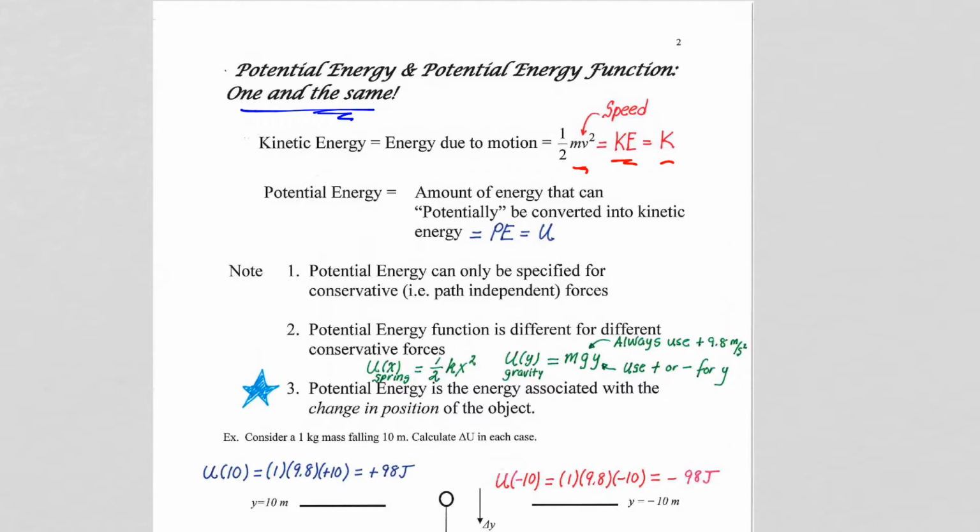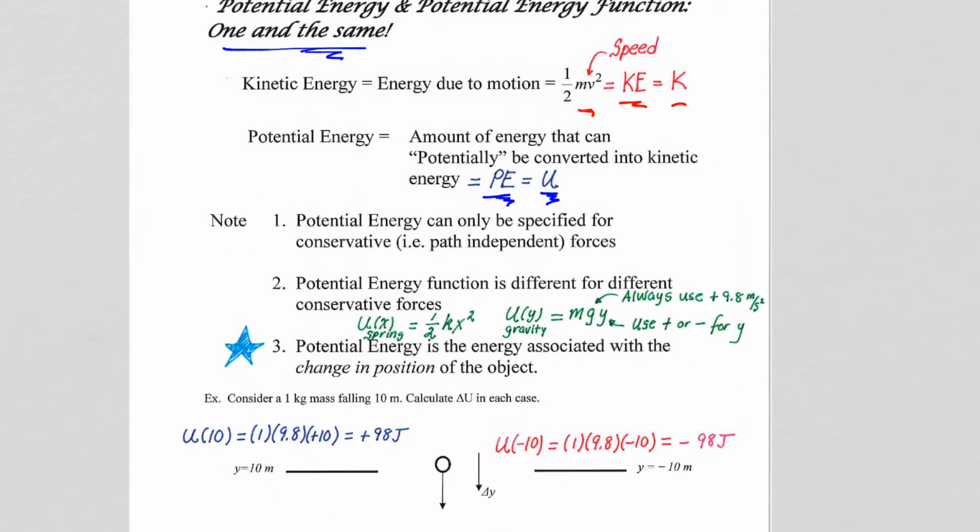Now, potential energy conceptually is going to be that amount of energy that can potentially be converted into kinetic energy, and our designation we'll talk about informally as PE, potential energy, and then formally the math variable U. Now, as we're going to see, a couple points to note about potential energy and potential energy functions.